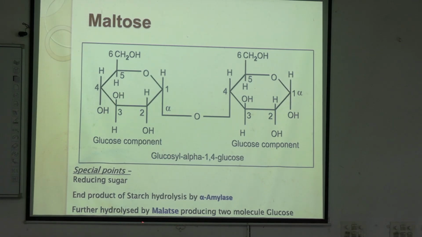By further hydrolysis, the maltase enzyme will act on maltose to break it down into 2 glucose molecules. And what is the glycosidic bond here? Alpha 1,4. 2 glucose molecules attached by an alpha 1,4 glycosidic bond.